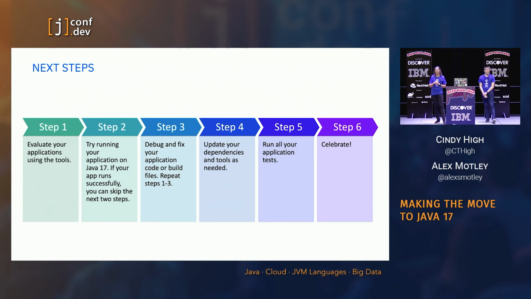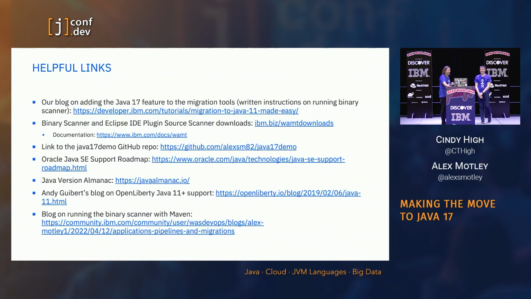You've got to look at those dependencies, see what continued to work on the level of Java you want to move to, see what are certified for your levels of Java, and move on up. And then run all your tests, the most important thing we do, right? Those automated tests, and then be happy and celebrate. You've got your running application in the end. You've done it. That's right.